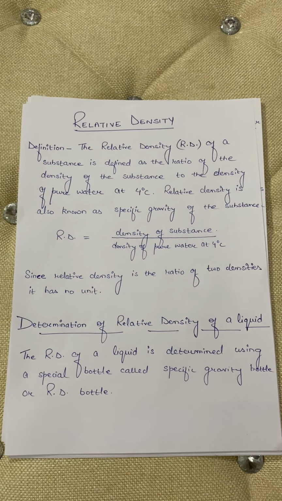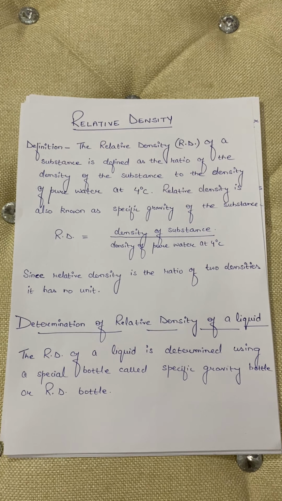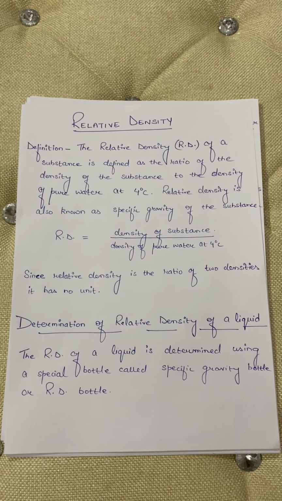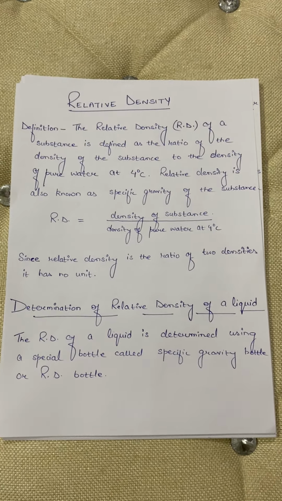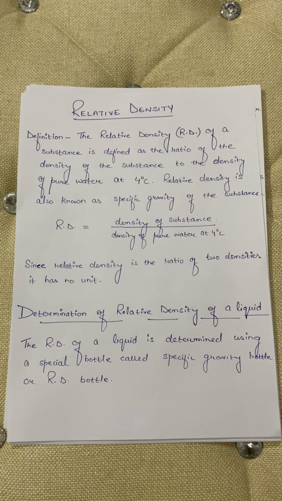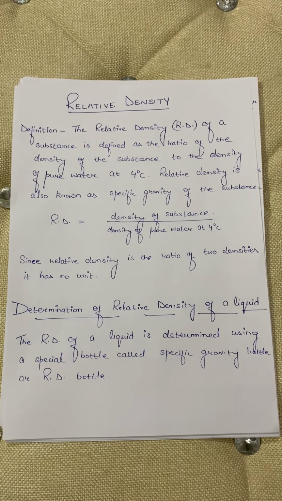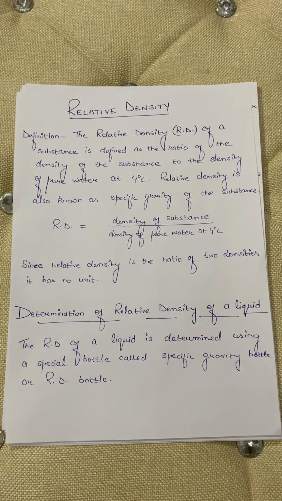So the term itself is self-explanatory, meaning it is a density in comparison to a particular substance. But what is that particular substance? That particular substance is pure water, and that too at a particular temperature, 4 degrees Celsius. So these two things you need to remember.